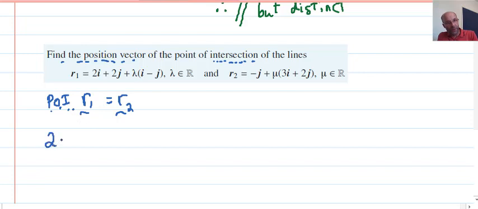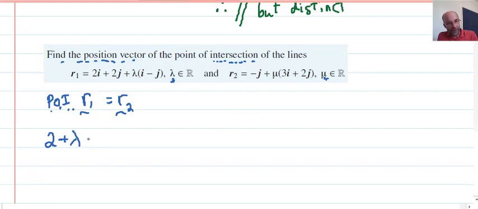Now I'm going to also write these vectors in a more convenient form, just like I did before. So we have 2 plus lambda. Now lambda and mu are both parameters. Okay, so we've seen parameter t before, and maybe parameter k. These are just some parameter, which take the values of real numbers.